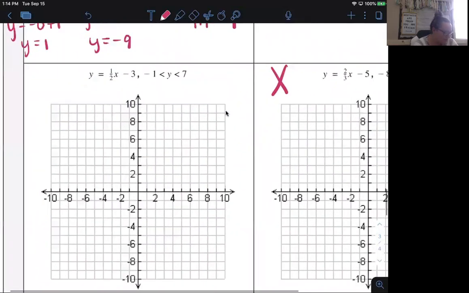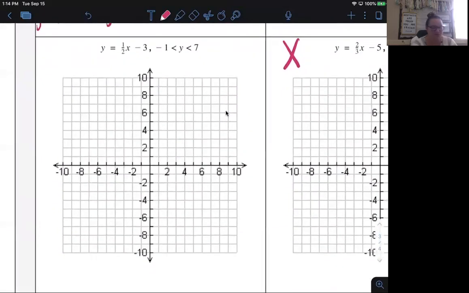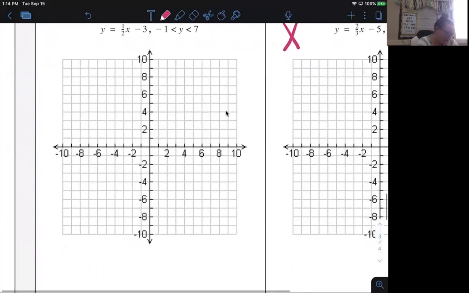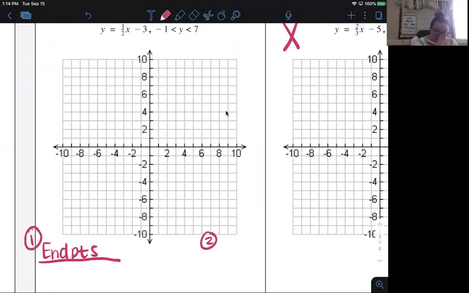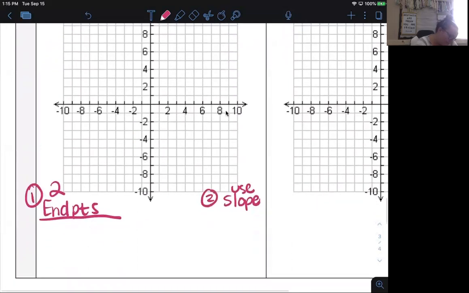So let's do y equals 1/2 x minus 3 for y is greater than negative 1 and less than 7. So again, you have your two restrictions. I'm going to help you get set up, and then you're going to finish this problem on your own. And then you're going to use your slope to find the points in between your two endpoints. So your equation is y equals 1/2 x minus 3.